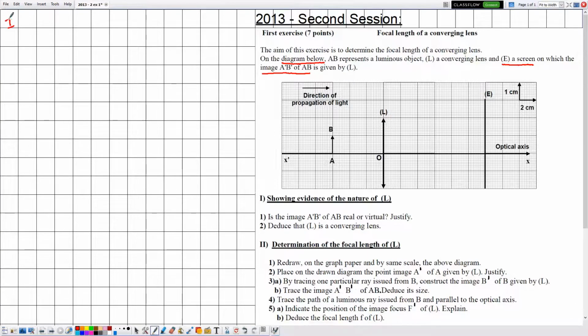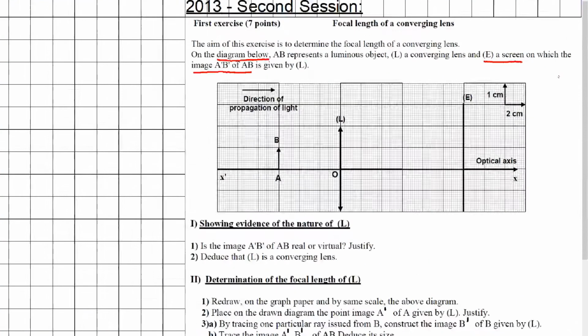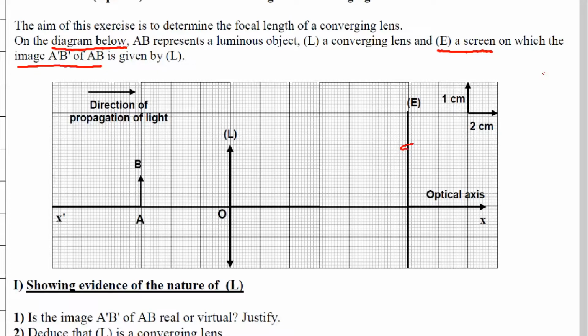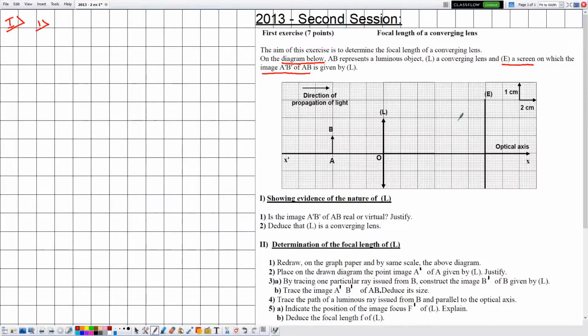Part 1, showing evidence of the nature of L. So number 1. In number 1 they are telling me, is the image A prime B prime of AB real or virtual? Justify. Then in other words they are asking me about the nature of the image. And here, because the image is being collected on the screen E, then the image is real, because we know that only a real image can be collected on the screen.